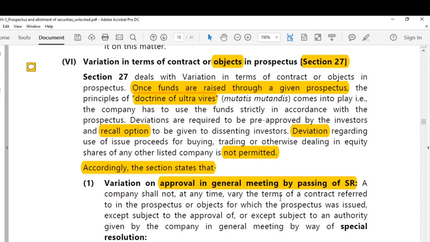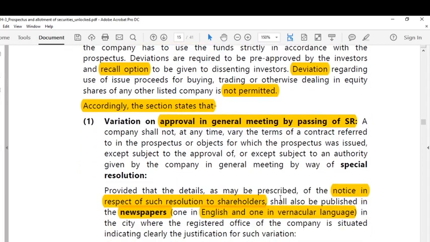In such a case, the company has to make a recall option. How they have to process the recall option: first of all, the change in the object should be ratified by conducting a general meeting and passing a special resolution to that effect. Thereafter, the special resolution should be communicated to all the shareholders by printing it in the newspapers, both in the English language and the regional language.